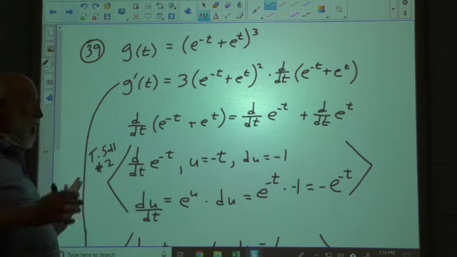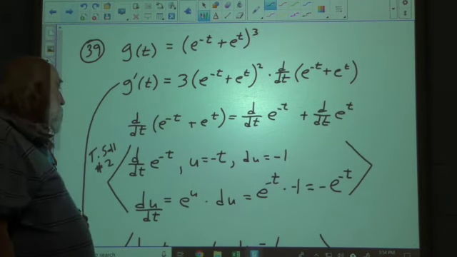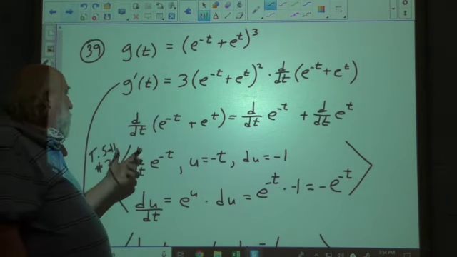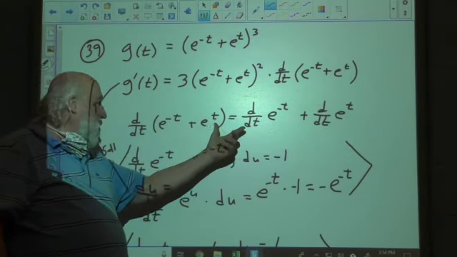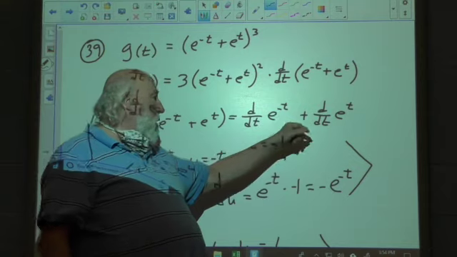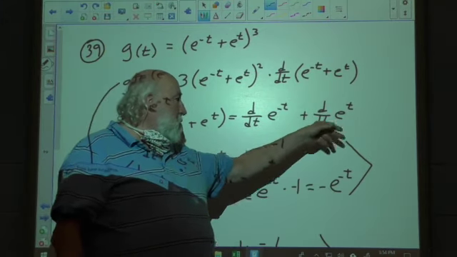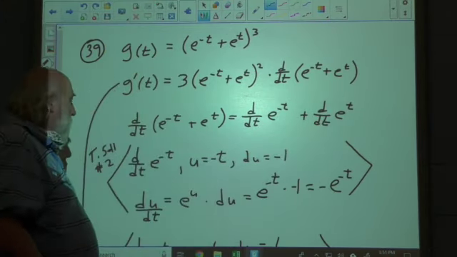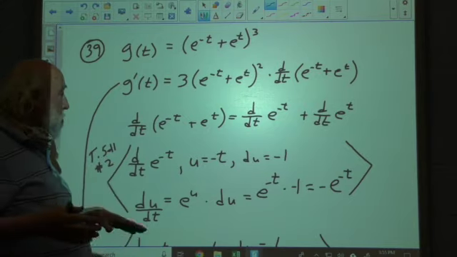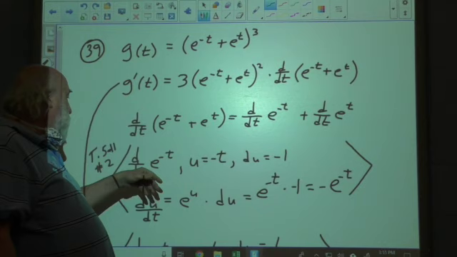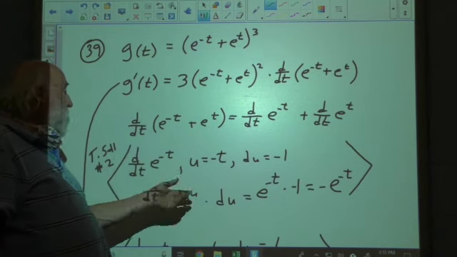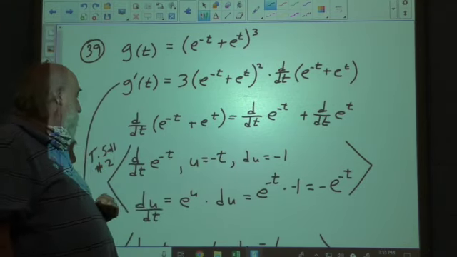Now, this is a good time to start using u's, but we're going to do that after we distribute the d dt to each of these. So it's d over dt times e to the negative t power, plus d over dt times e to the positive t power. I'm going to do this in 2 stages. First this one right here: the derivative of e to the negative t. I'm going to make u negative t, and that means du is negative 1.